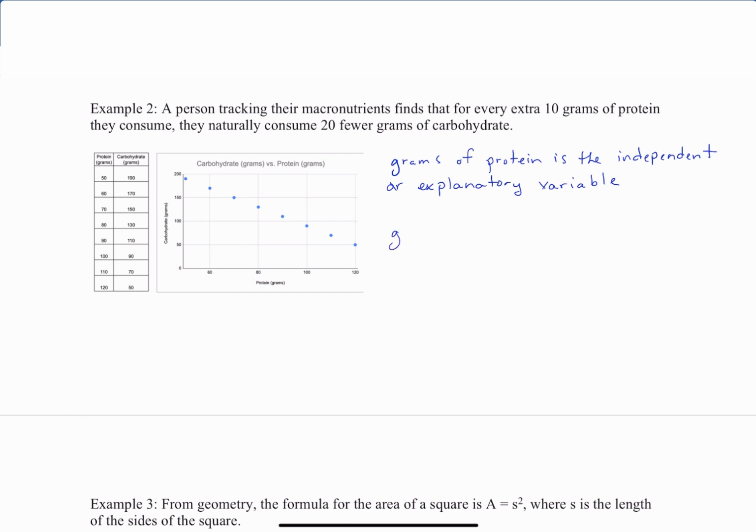Whereas the grams of carbohydrate, I'm just going to call it carbs, is the dependent or response variable.